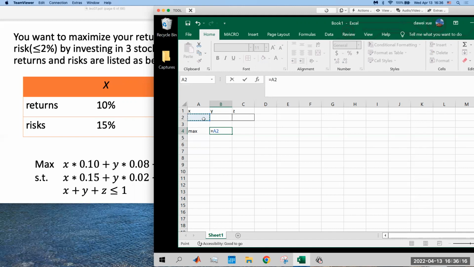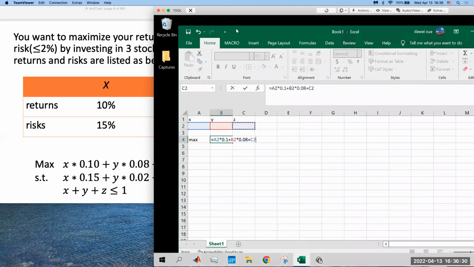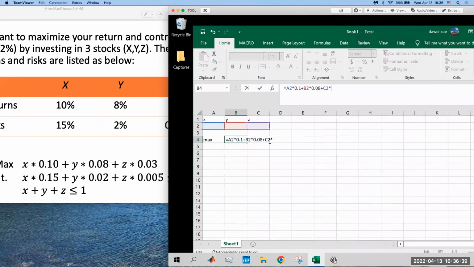So this one times 0.1 plus agent Y times 0.8 plus, this cell represents Z, times 0.3.